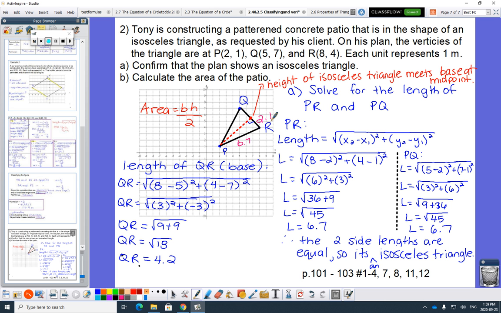So we can solve for this length using Pythagorean theorem. So there's really two ways to do it. Because I'm running out of room, I'm going to sneak in the Pythagorean theorem. The only thing is this side here is the hypotenuse.